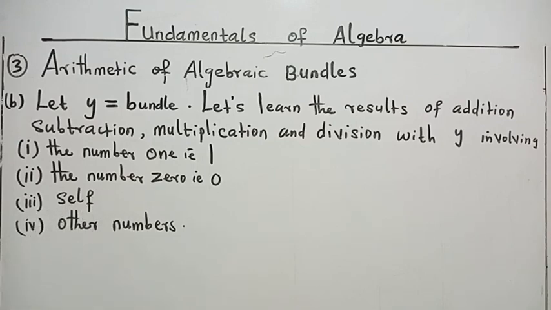I believe you have a preview of what I intend to do here. What I intend to do is that I want to carry out arithmetic operations with y. Don't forget that y is a bundle. Later, we'll talk about bundle of bundles. At this point in time, each time we say y or any other alphabet, we can at least tell that that is a bundle.